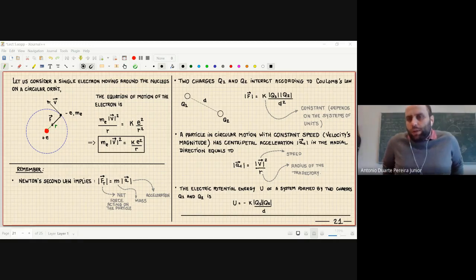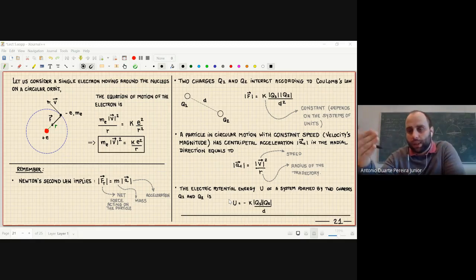In other words, you can derive the expression for the potential energy by using the relation between the Coulomb force and the work that it realizes when you transport a charge from one point to another point. And you get the correct sign by doing that.